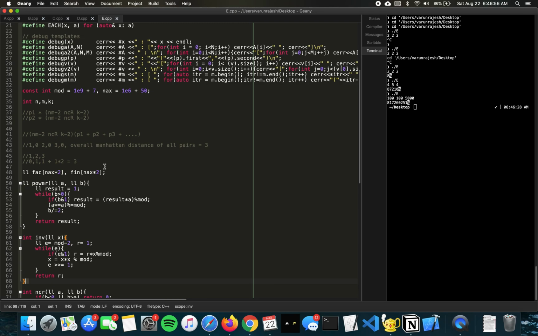And what that means is that their sum has to be in nm minus 2 choose k minus 2 of these arrangements, which means we just have to find the Manhattan distance of this pair, and then we have to include that in nm minus 2 choose k minus 2 of the arrangements.